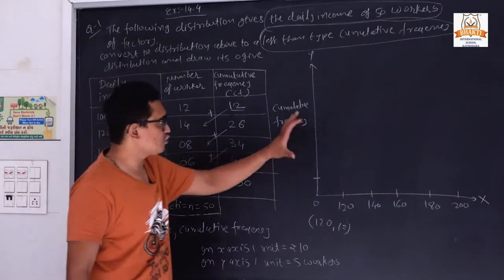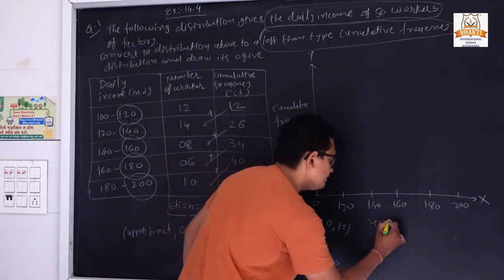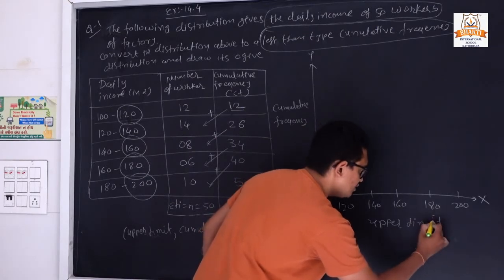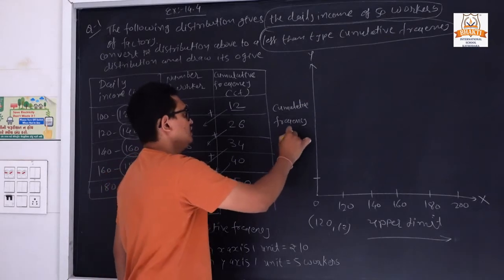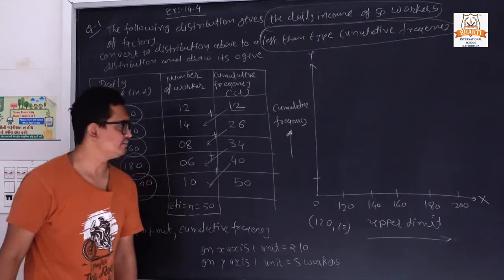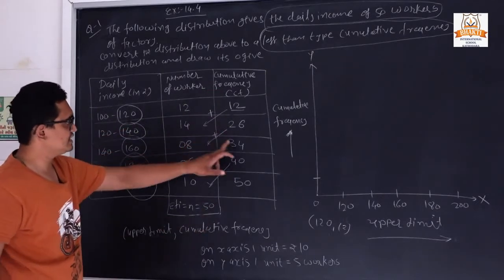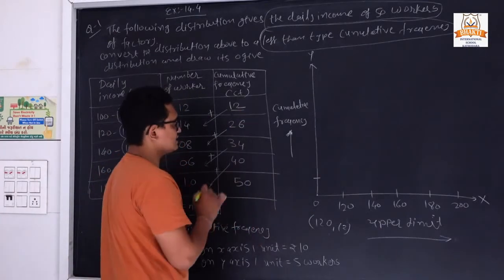If you want to draw the ogive, on the x-axis we draw the upper limit. On the y-axis, we draw the cumulative frequency. See the frequency, it is 12, 26 like that. So here we are taking the scale.